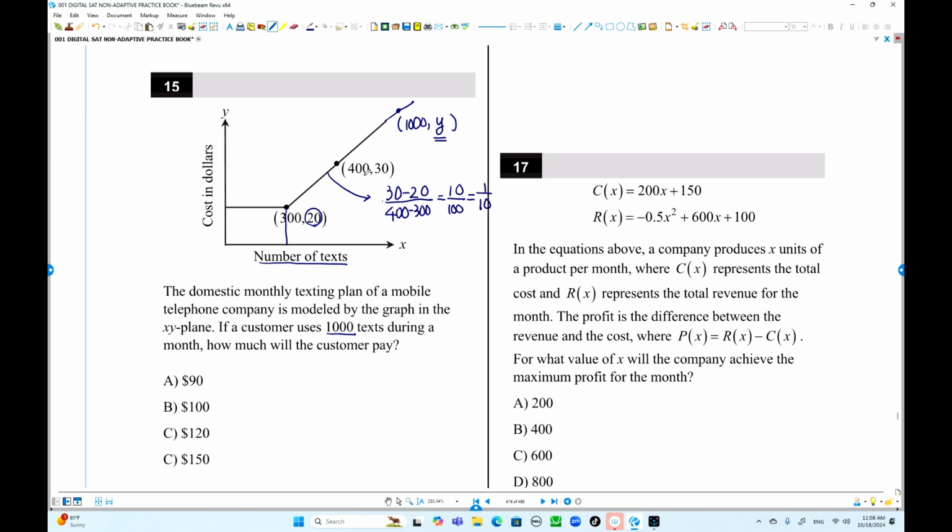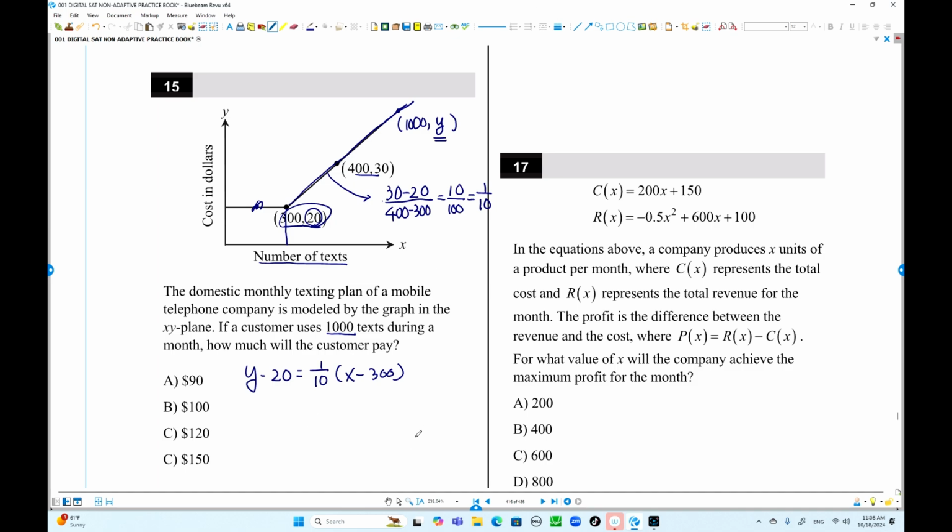But it's going to pass through these 2 points. You can use any point. Okay, I'm going to take this point usually. y minus y1 is 20. The slope is 1 over 10 times x minus x1, 300. That's the equation of this line. We don't need this one, okay? Yeah, we need this line.